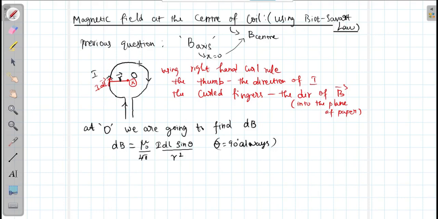For this particular circular coil, at the center, the value of theta is 90 degrees. It means that dl is perpendicular to the r vector. Therefore, sin theta becomes 1, and we are going to find the total magnetic field.